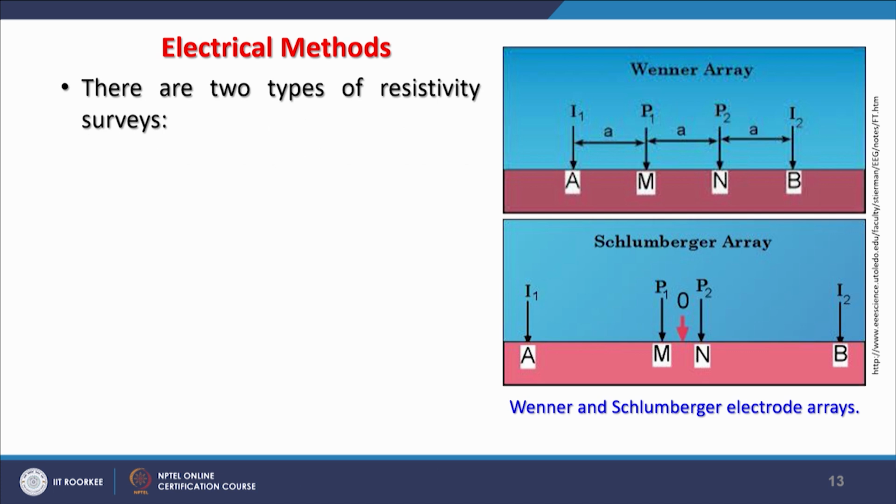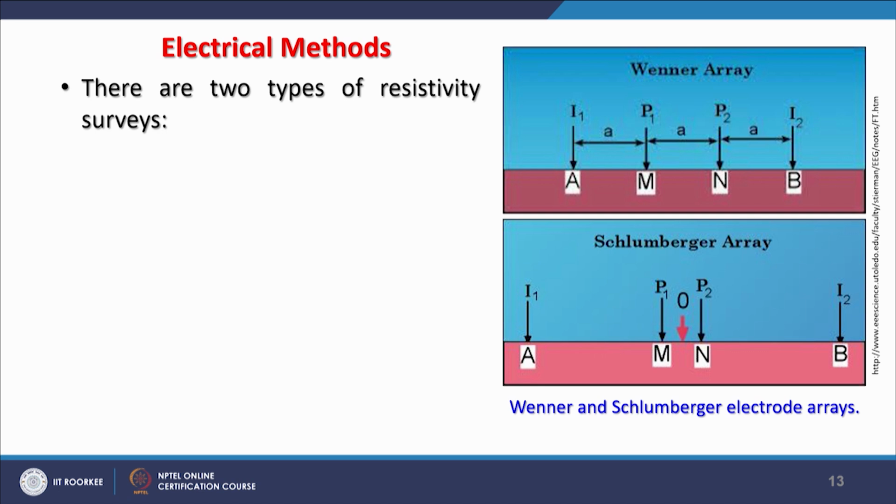So, generally an optimization is done, not too much distance or too short a distance, because if we keep too short a distance, then the signals will not go much deeper. Our ultimate aim is to find out the subsurface conditions and presence of water table, saturated zones and so on. So, the distance has to be such that we can go quite deep, but not too much.